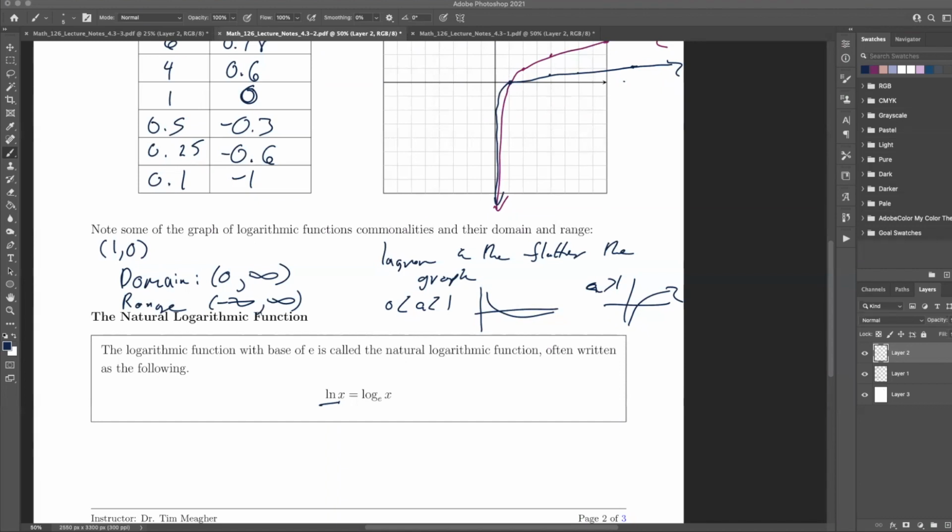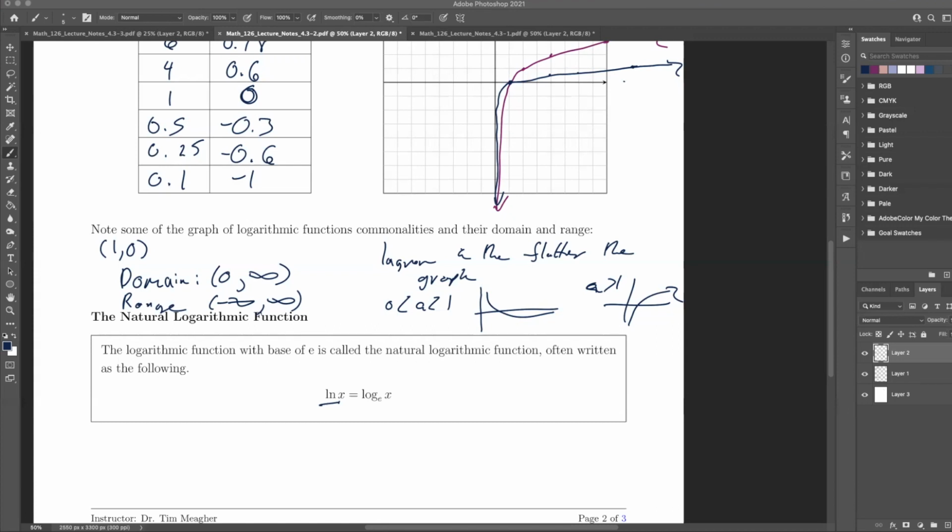See if I can find a different one. This one's better. Yeah, this will work fine.